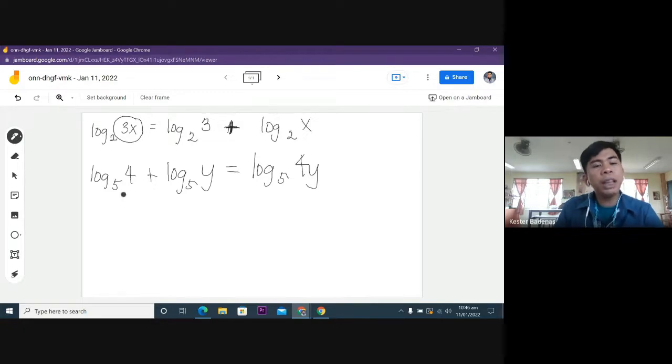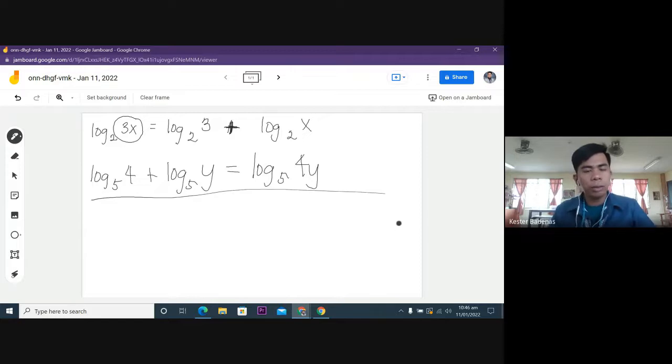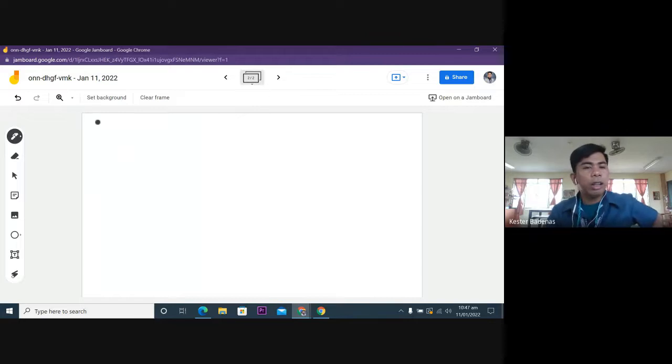Kapag naman ganito yung binigay, pwede nyo baliktarin, pwede nyo pagdikitin. So, ayan na, logarithm of 4y na siya. Okay? So, ito ay product rule. Okay, next tayo. Meron tayong tinatawag na quotient rule.